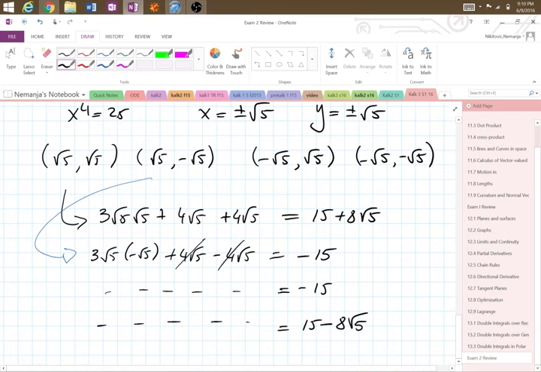All right, here's a good word problem. Problem 60.